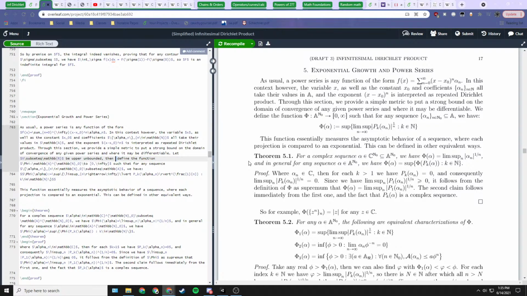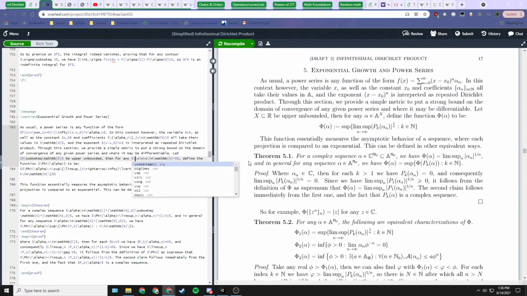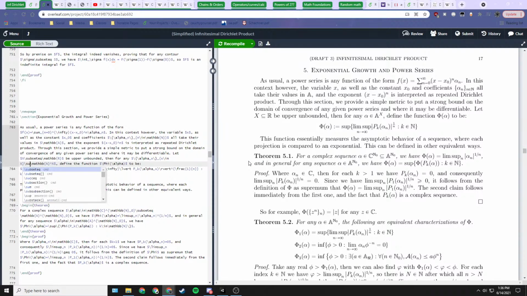Then for any alpha in A to the power X, define the function phi alpha to be the limit as x goes to infinity, and we'll do alpha sub x, and we'll actually do the set alpha sub x, x in X, as a subset of A. Okay, yeah, I think that's fine.